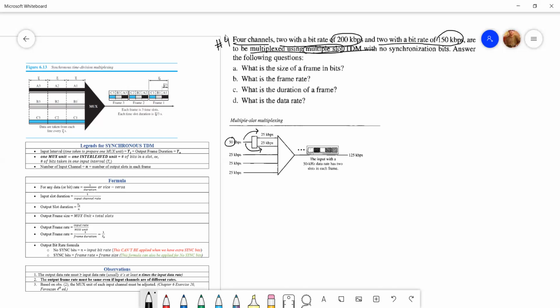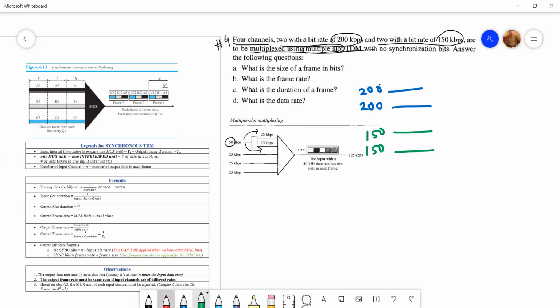In the first one, we had 4 channels. Let me draw the 4 channels. These are my first 2 channels with a bit rate of 200, and these are the 150.